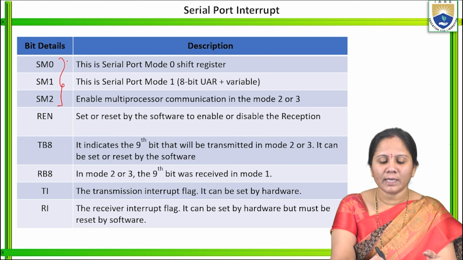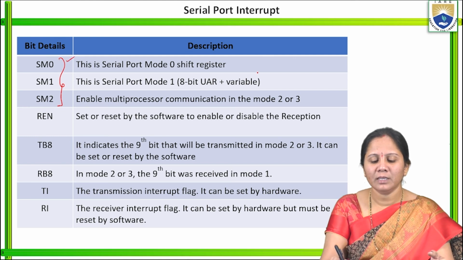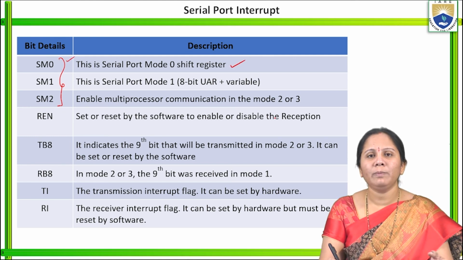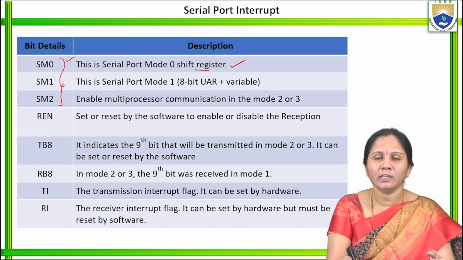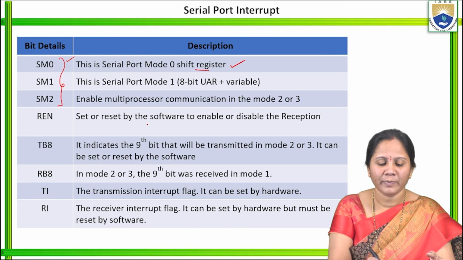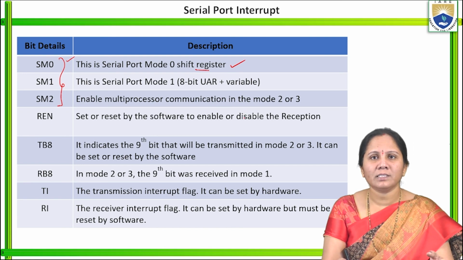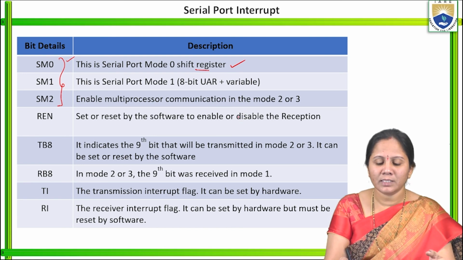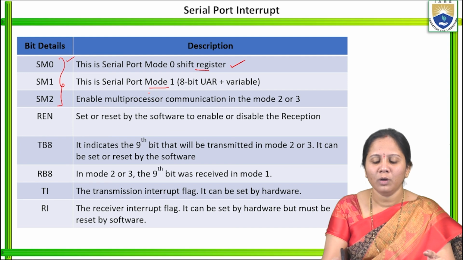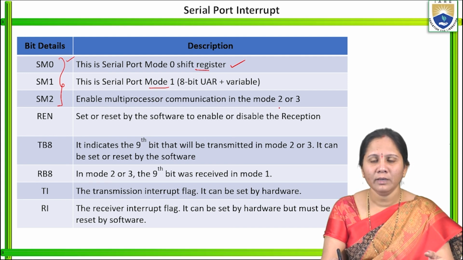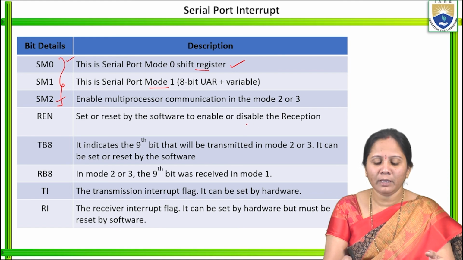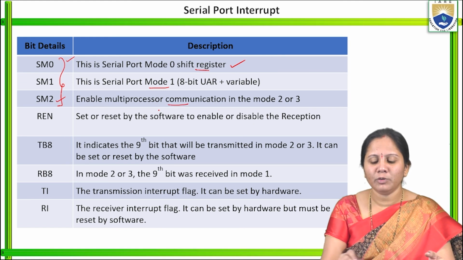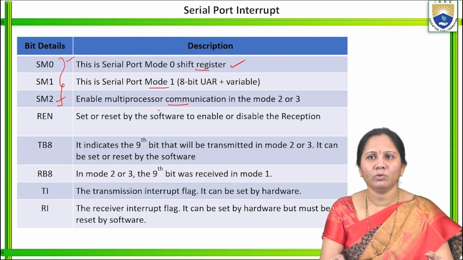This SM0 bit determines the serial port operating in mode 0, acting as a shift register. And this SM1 bit says this is a serial port related to mode 1. And this is SM2 which is used to enable the multiprocessor communication in mode 2 or 3.